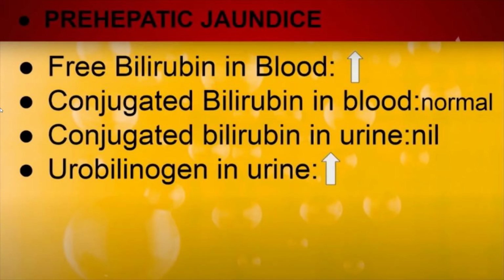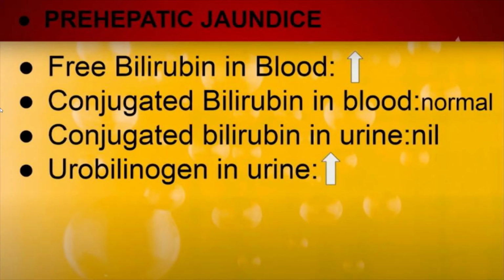Because of the increment in bilirubin. We have seen that after destruction of the RBCs there is bilirubin formation. Excess destruction of the RBCs, or hemolytic jaundice, or prehepatic jaundice, means over breaking down of the RBCs.